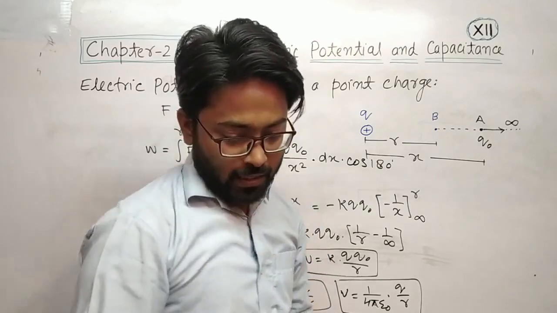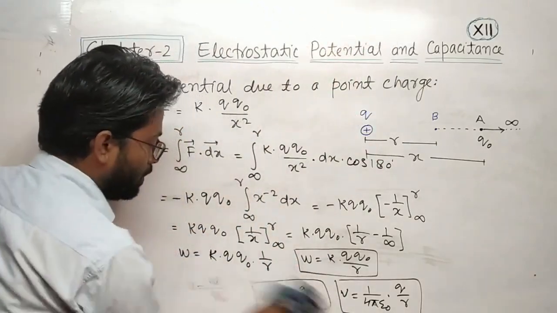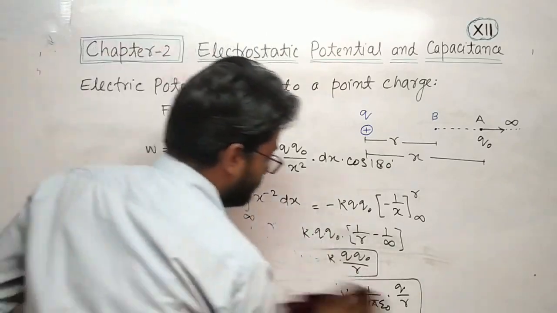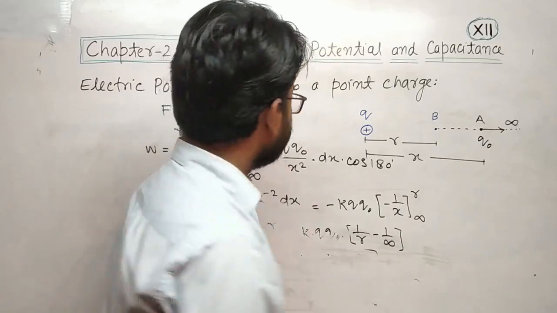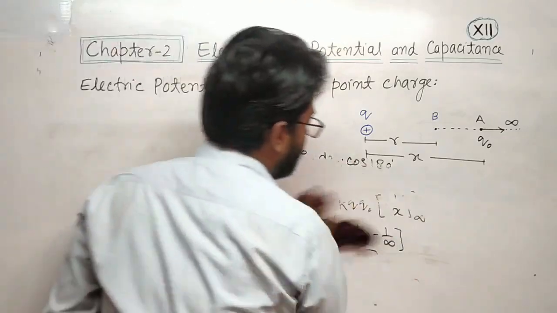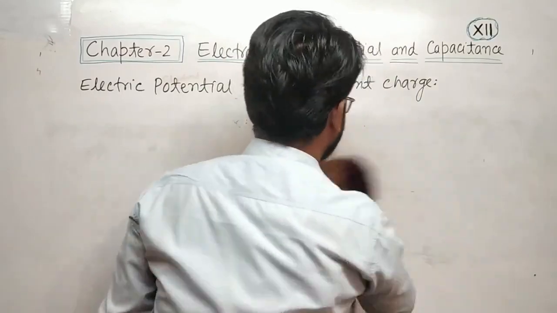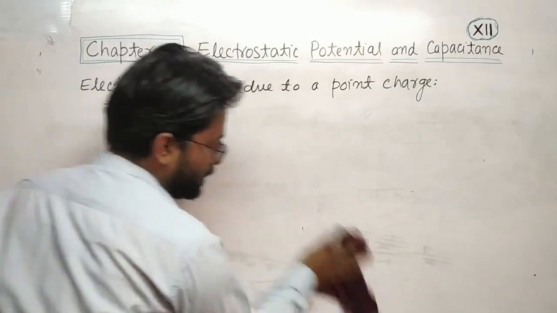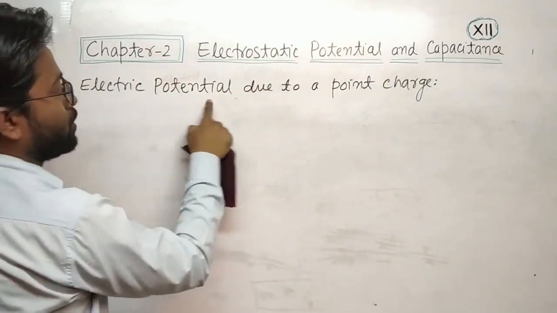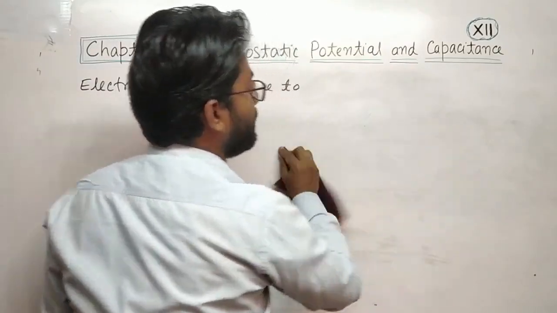Next point is electrostatic potential due to an electric dipole. Means in next topic we will discuss electric potential due to an electric dipole.